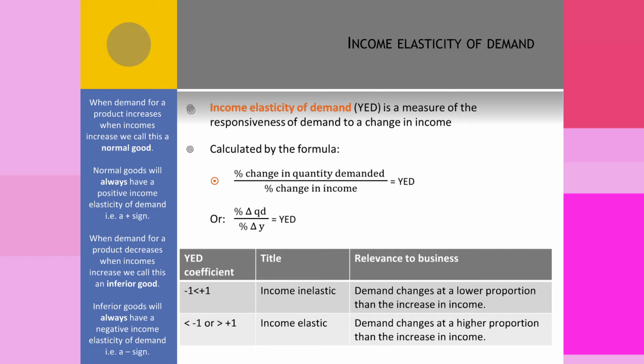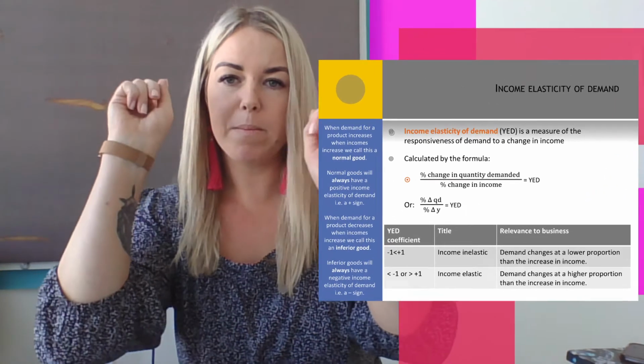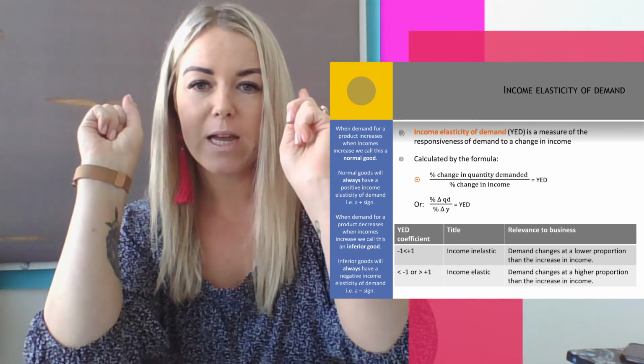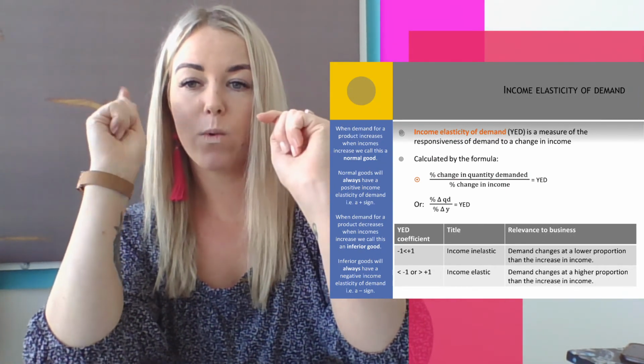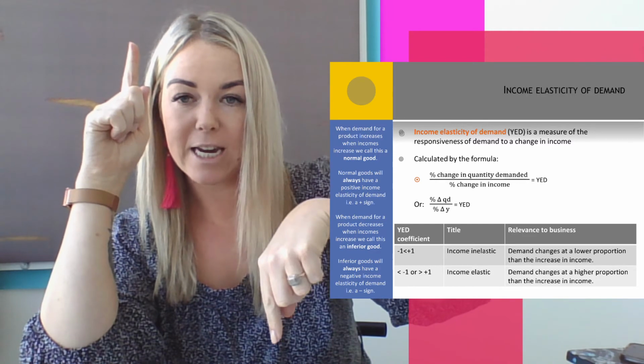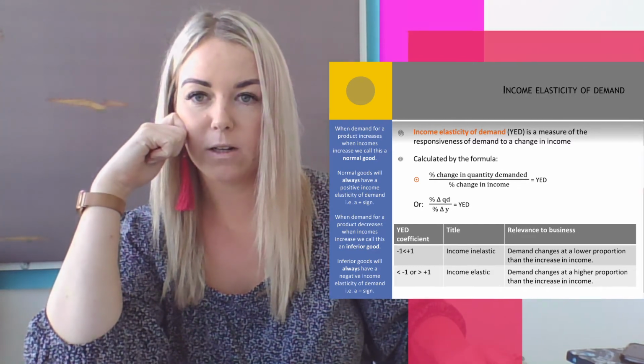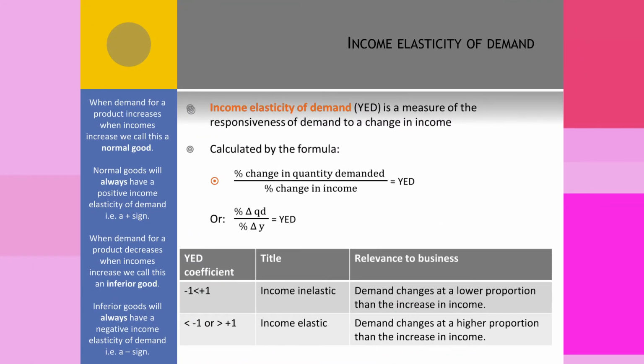Therefore, it's an inferior good, and they are always going to have a negative sign, so going different ways. You can remember that if both the arrows go up, it is going to be positive, but if one's going up and one's going down, it's negative. That's a good little trick to remember it by.